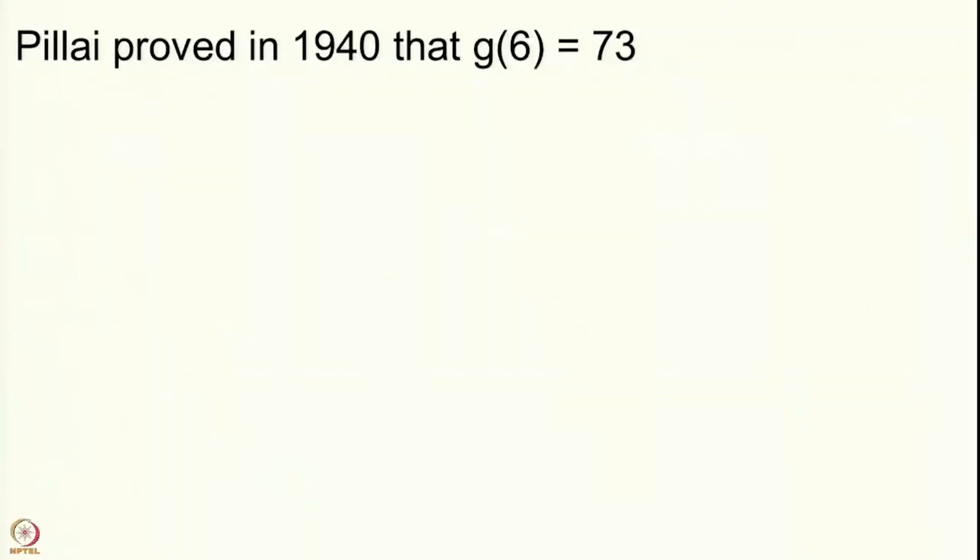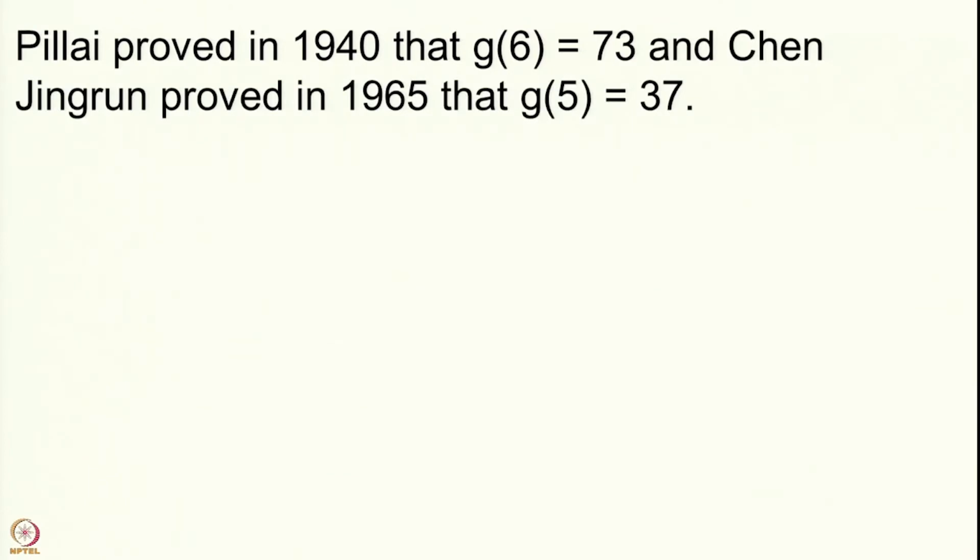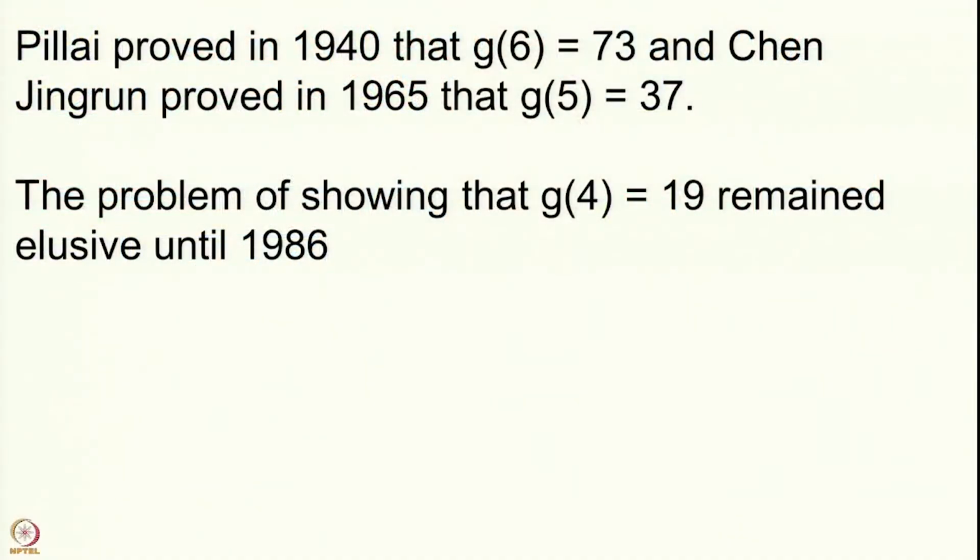Remember, we are looking at G3 and G4, G3 is 9, G4 is 19, there are G5 also in between, but Pillai proved that G6 is 73, and in about 25 years this mathematician by name Chen Jingrun, he proved that G5 is 37. So, G3 was computed, G5 was computed and G6 was computed.